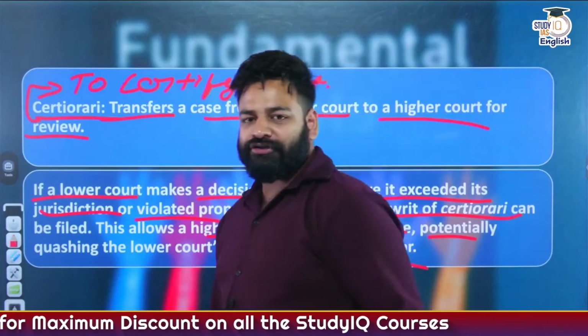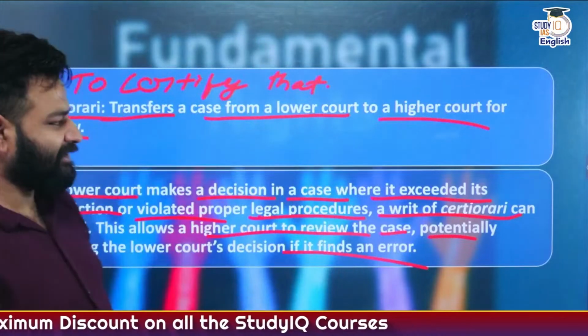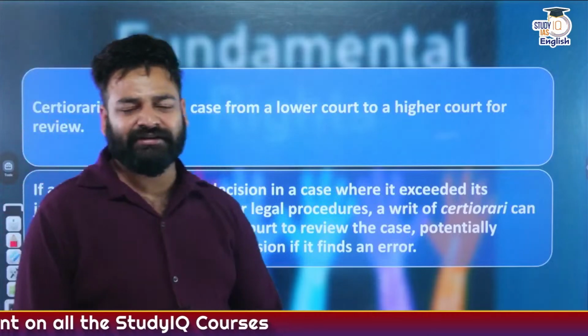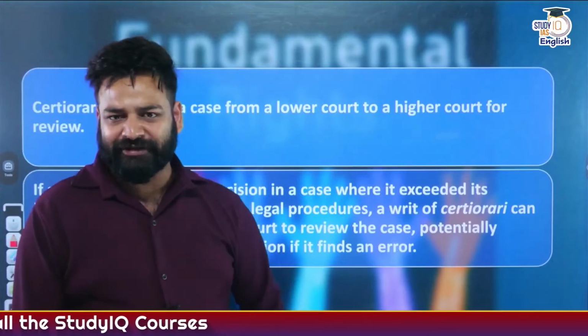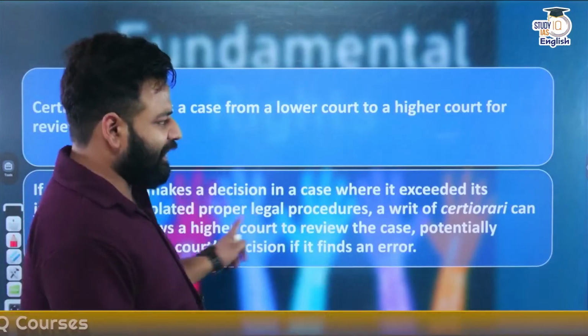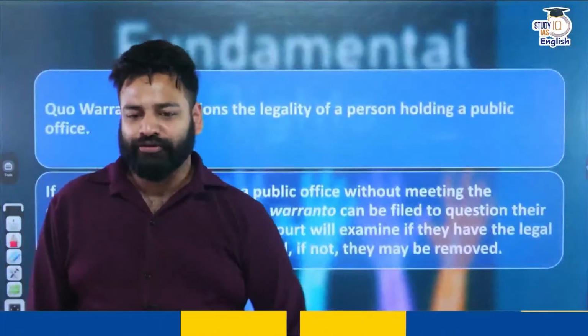Right? So, certiorari, simply speaking, we certify that this is the case where we think some anomalies have happened or it is of a serious matter. So, transfer this case to us. That is, the higher court is speaking to the lower courts.